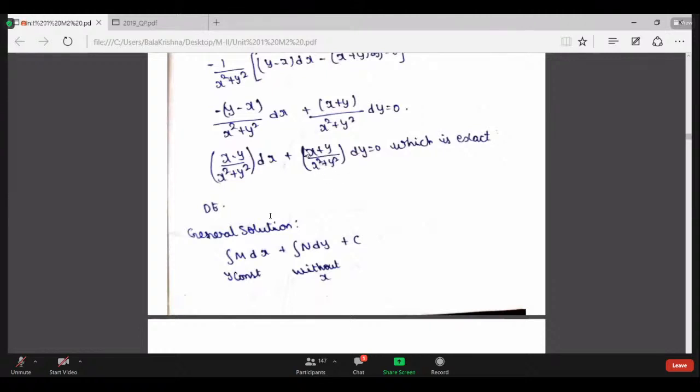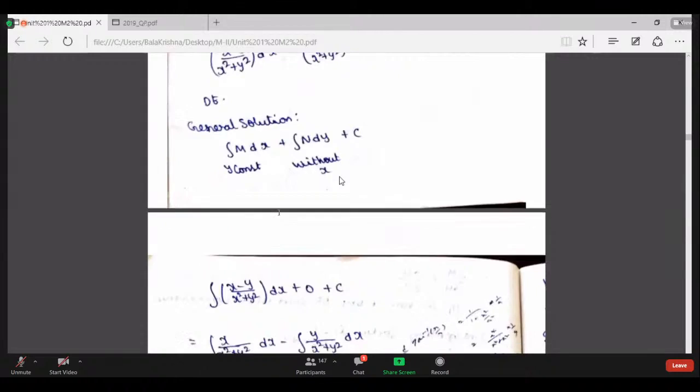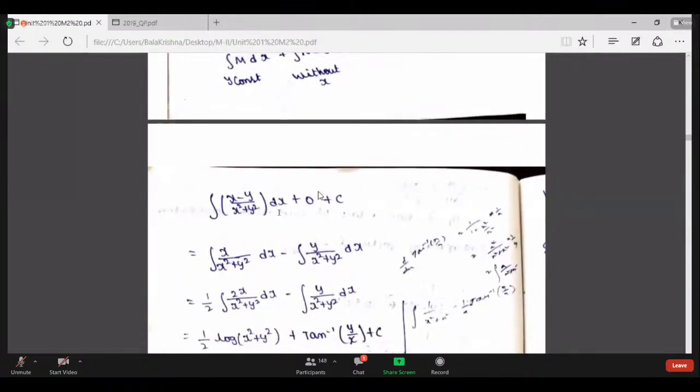Even if you split, it will be in the form of x by x square plus y square plus y by x square plus y square. That means the first term contains x term, second term also has the x term. That means in this N function, there is no term which is free from x. That is the reason we will consider N as 0 here.